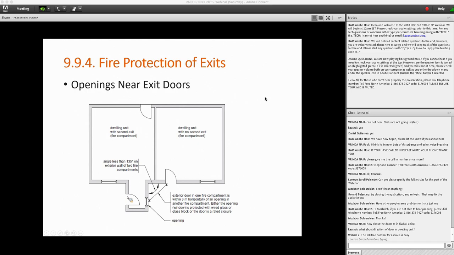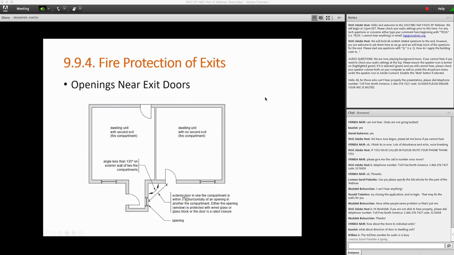So these dwelling units have their own independent exiting, but we don't want the situation whereby an occupant using his exiting from his unit is exposed to fire from the adjacent compartment.